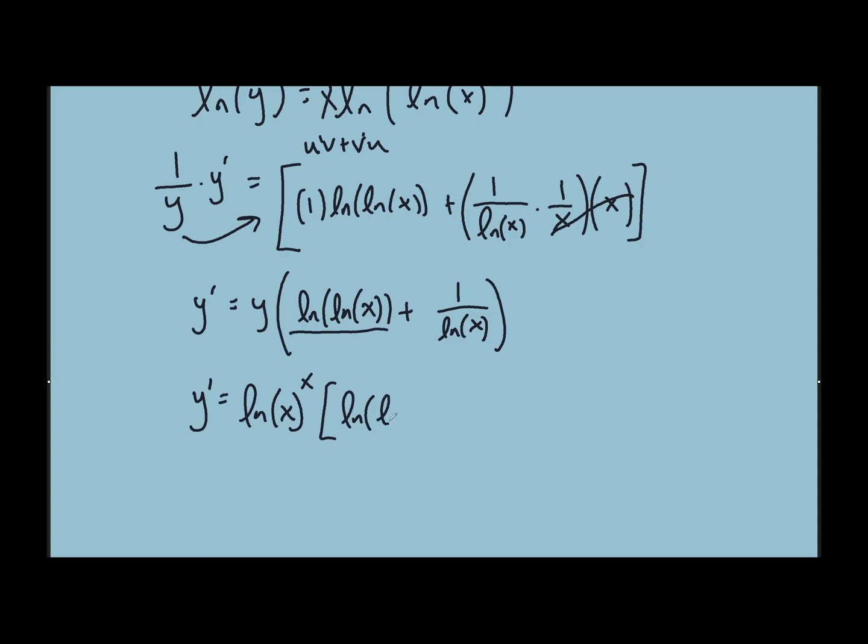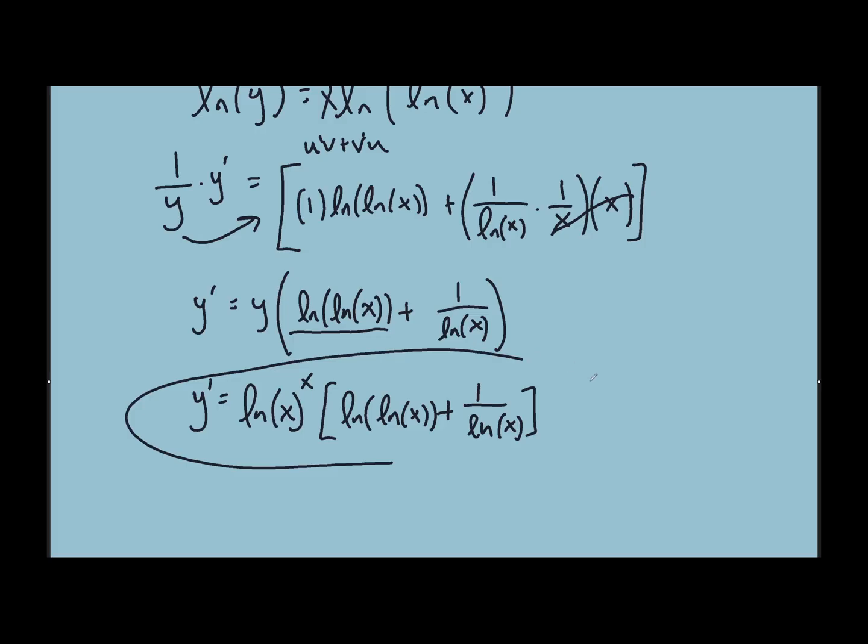Natural log of x plus 1 over natural log of x. Oh, that looks a little janky there on the bottom. Oh my gosh. Okay, I believe this is the right answer. So you're getting a few natural logs in here.